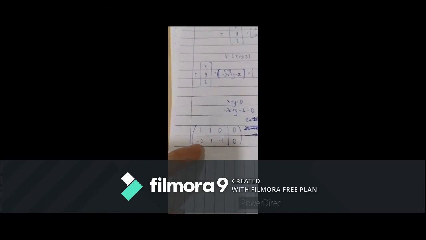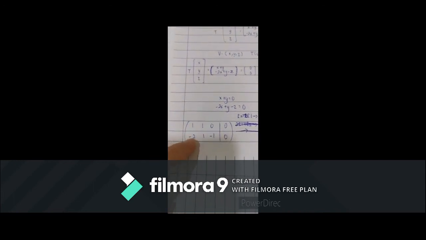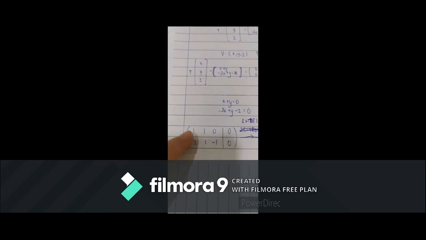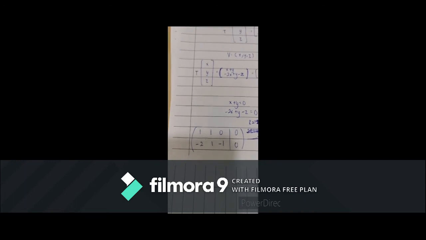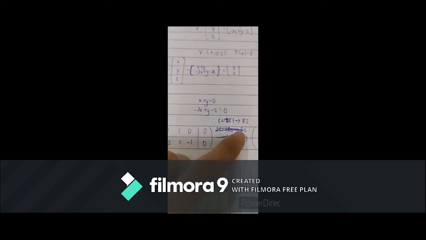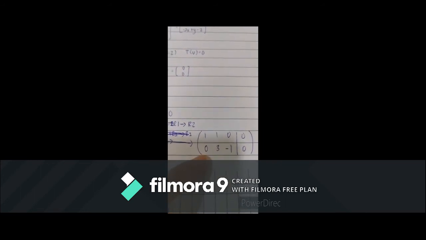So how can we do that? From row 2 we add row 1 times 2. So R2 plus 2R1, and the whole answer must be recorded in row 2. So it will be like this.